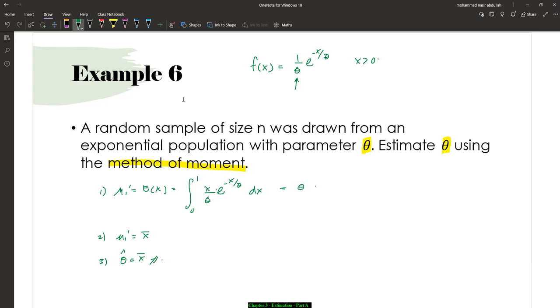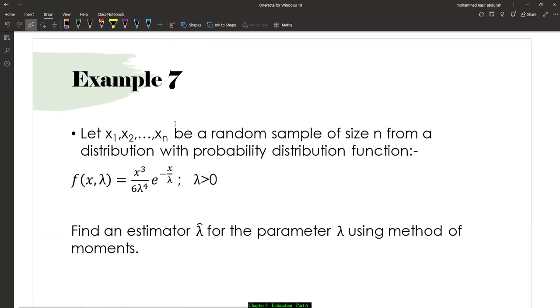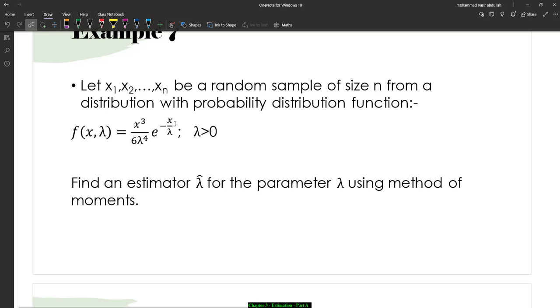Let's look at the second last example, example number 7, very simple. Let x1 until xn be a random sample of size n from a distribution with a probability distribution function of x power of 3 over 6 lambda power of 4 exponential negative x over lambda, where lambda is more than 0.